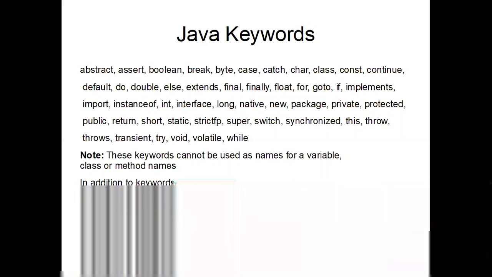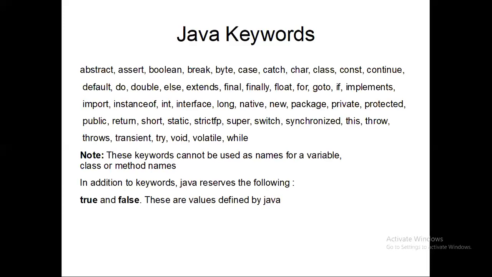The only thing is the last sentence they have given: in addition to the keywords, Java reserves the following: true and false. These are values defined by Java. That means true and false they have not given in the keywords list, but these are values. True and false we have to use as they are, written in small letters, and the value we cannot change. That one you copy. Enough. Program by program we will come to know which are the keywords; I will tell you in every program.